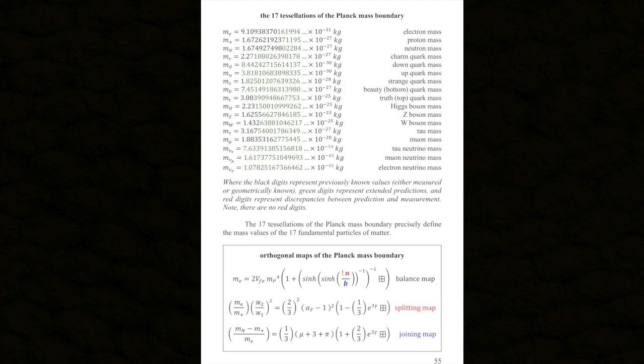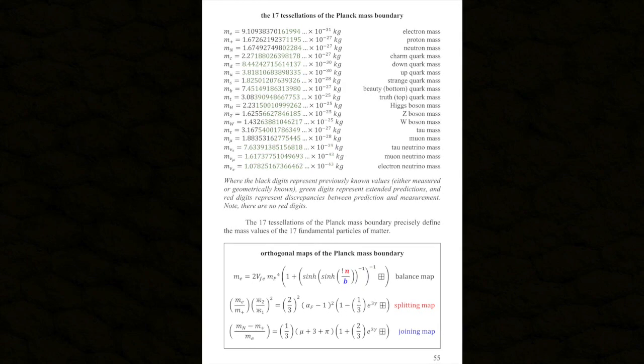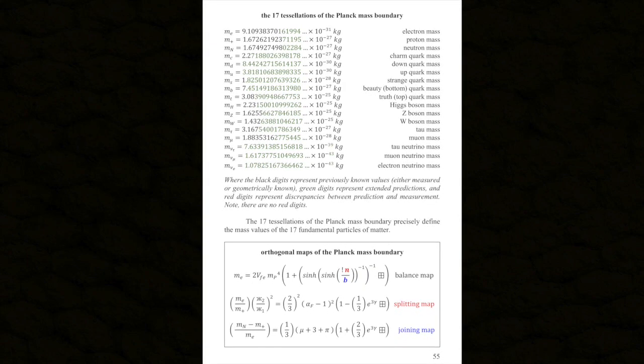All right, so far in this entire chapter, we've arranged just the balance map and the splitting map and the joining map and the extensions of those simple three constructive maps to define all the tessellations of the Planck mass boundary. Literally one simple arrangement of the mass dimension itself, the boundary of mass itself.